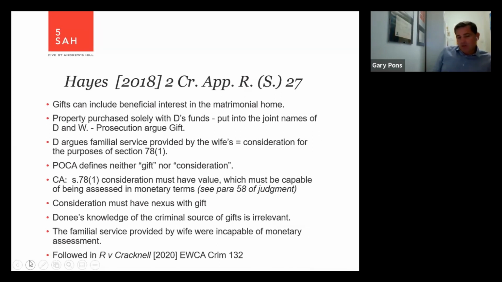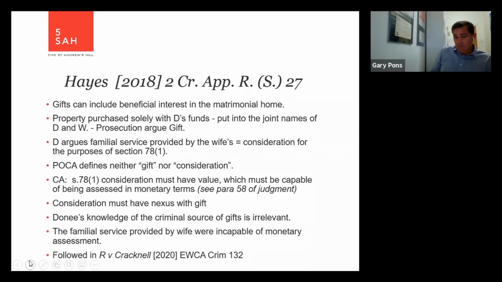Furthermore, the consideration must actually be related to the gift that is given. And of course, the provision of familial services is rarely connected specifically to the gift that has been given. The donee's knowledge of the criminal source of the gifts is utterly irrelevant. And you'll see in a moment when Sarah deals with her slides that in family proceedings, the position is in contrast: the donee's knowledge, the wife's knowledge of the criminal source of the gifts, is particularly relevant.